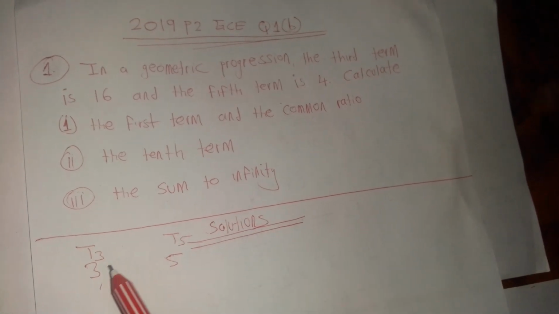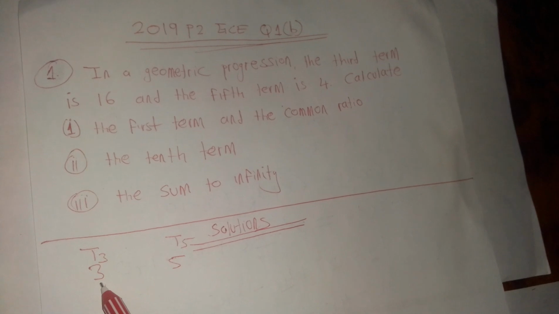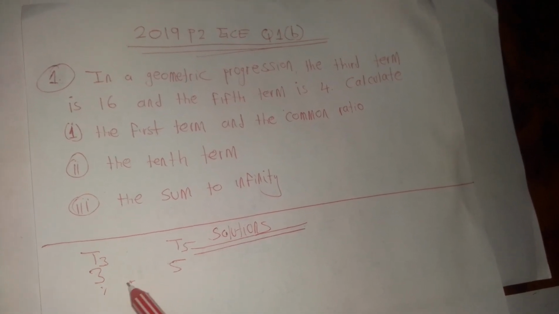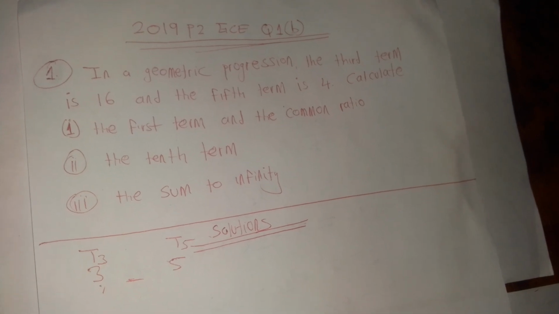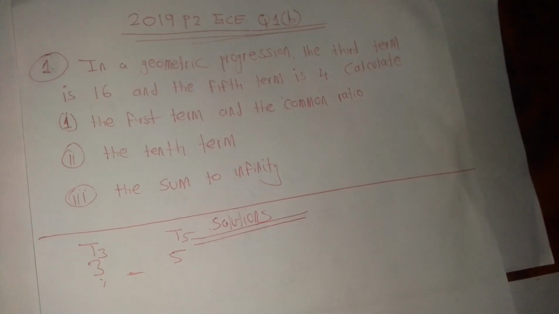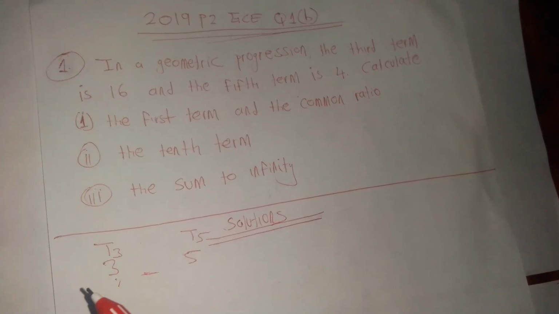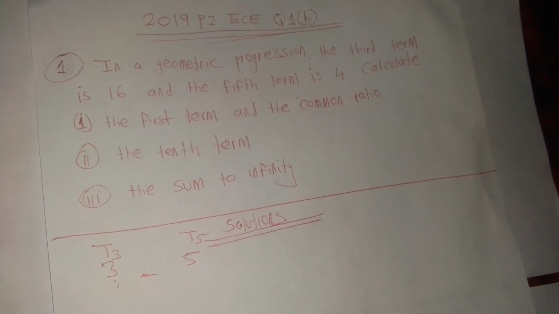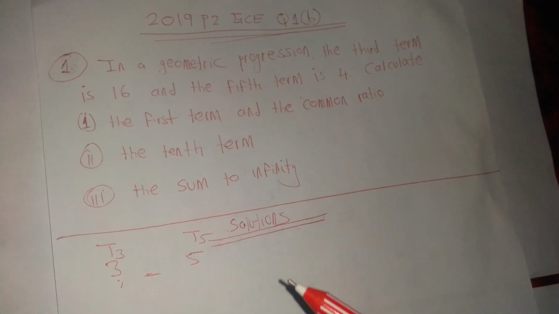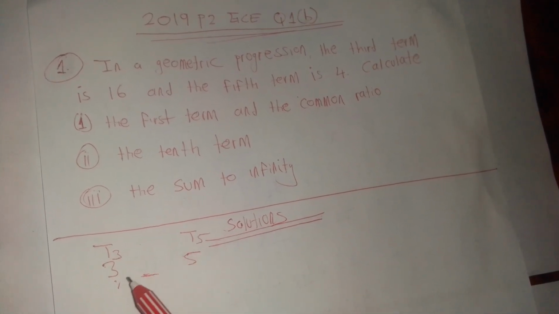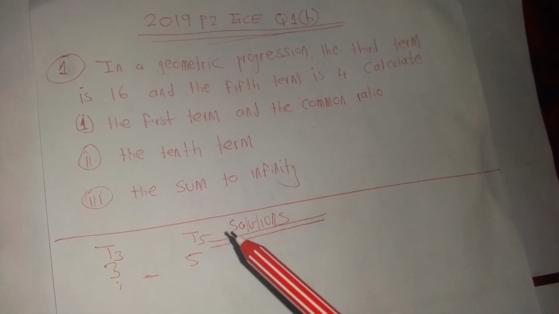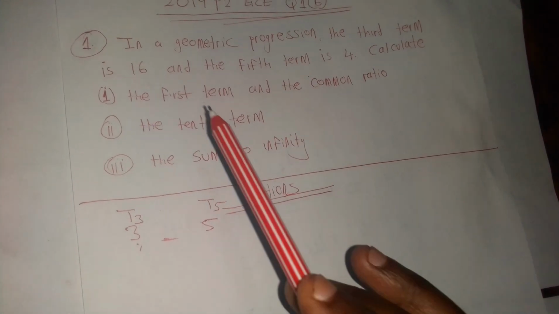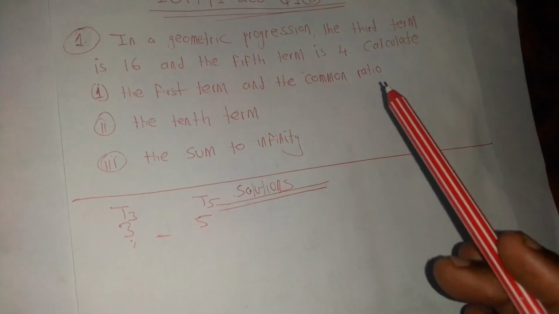For you to move from term number 3 to term number 5, in between there is term number 4. So we cannot find the common ratio or the first term directly. In this case, if there is a gap like this, you have to use simultaneous equations to find the first term and the common ratio.